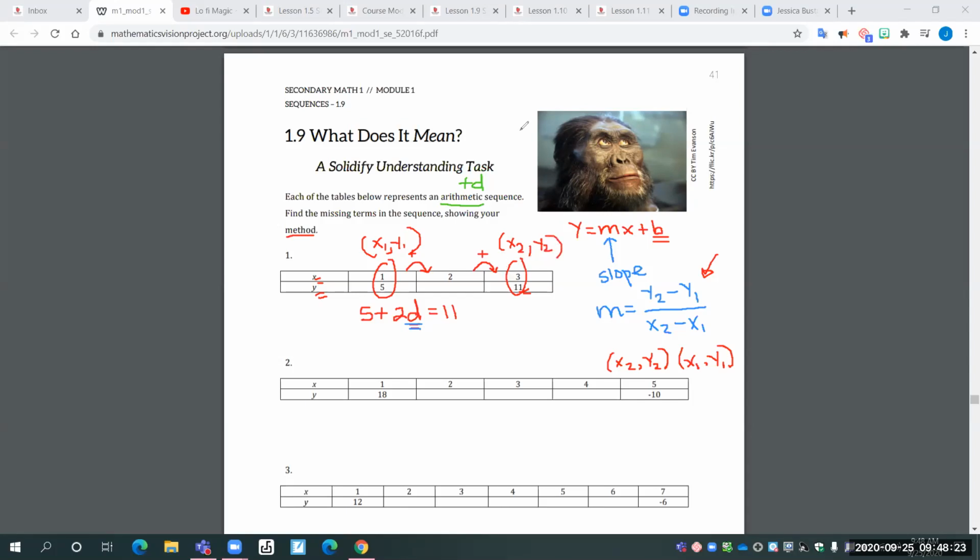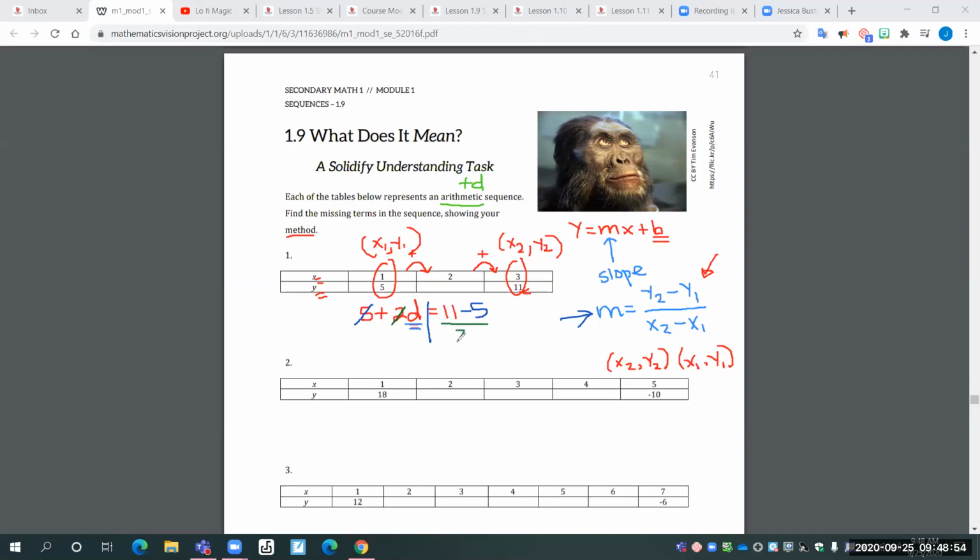I just want to show you that the thinking is the same. I'm going to solve this equation and show you how it matches up with the slope formula you're already aware of. If I subtract 5 from both sides, and then divide by 2 to get rid of the multiplying by 2.